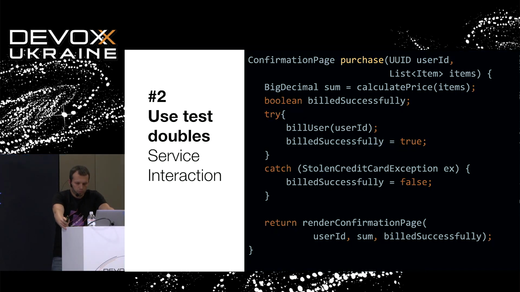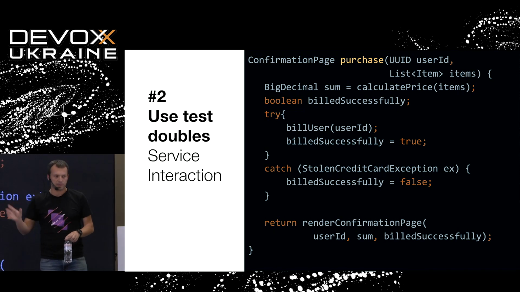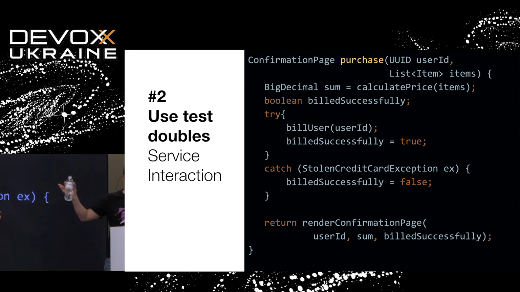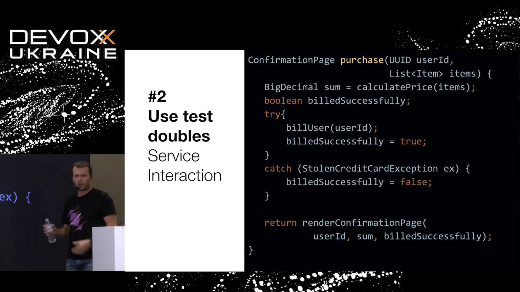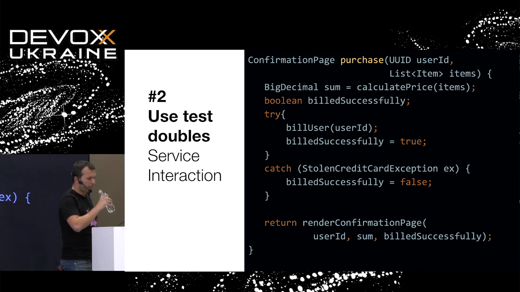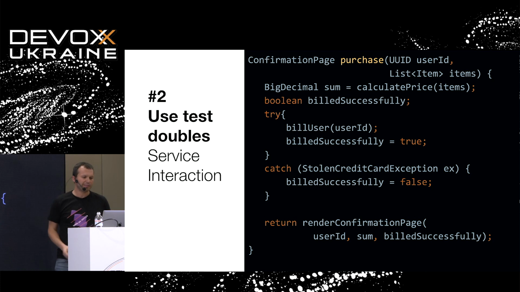So to show this, we are diving into the production code of the store application. This is the purchase method. It gets a user ID, and it gets a list of items. Of course, it's oversimplified, but it will make the point here. So let's see what this method does.